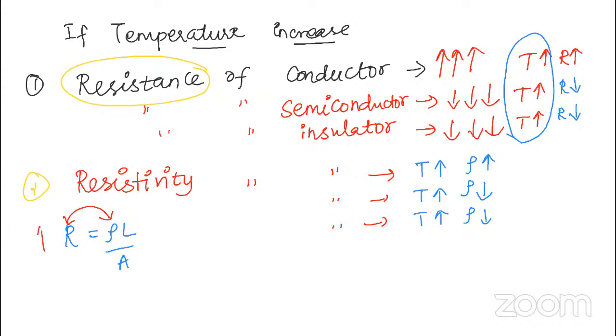So if the value of R increases, the corresponding resistivity also increases. There is only one point to remember: only for conductors do the values increase when the temperature increases. For other materials, whether semiconductor or insulator, the value decreases. Conductor increases. Keep that in mind.